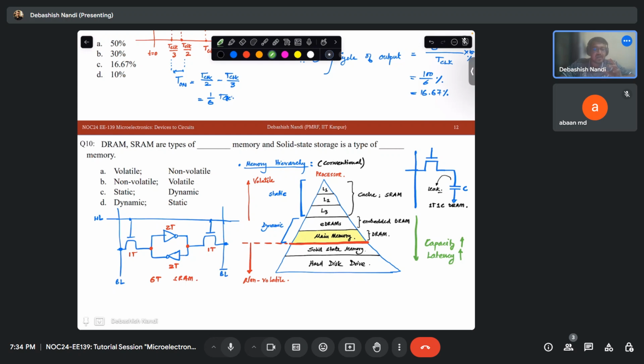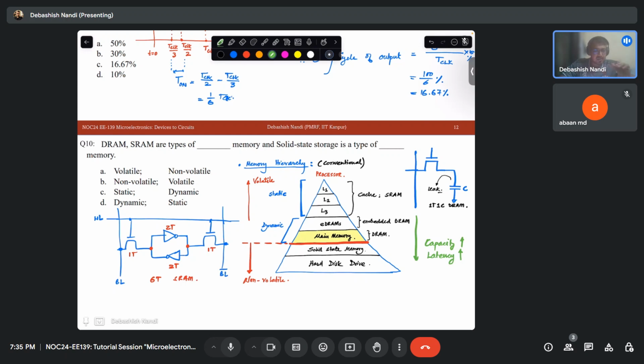For example, your DRAMs are made by different memory companies. Let's say Micron makes some kind of DRAM, or SK Hynix makes some kind of DRAMs. But these SRAMs are made by the processor companies. That is, Intel will design their own SRAMs. These memories come in a crossbar fashion, right?